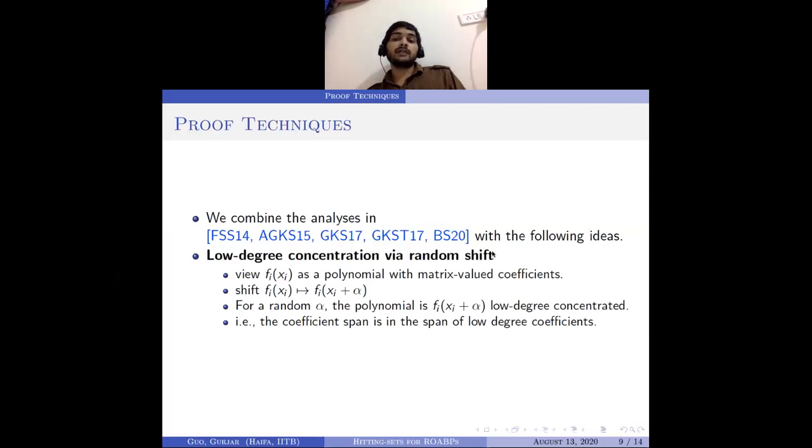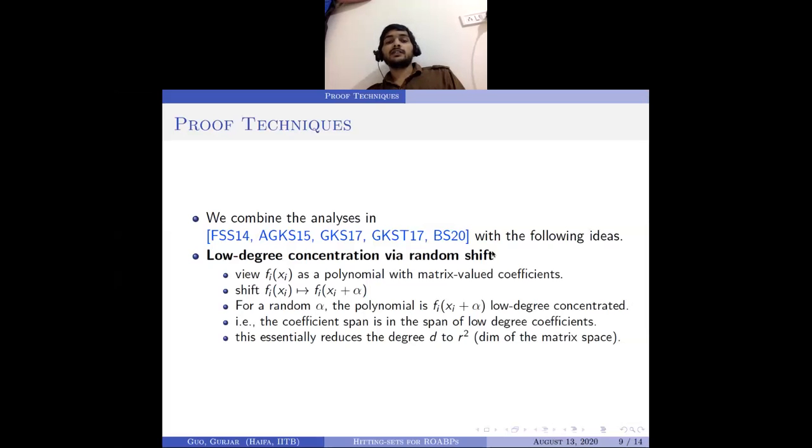That's what we mean by low degree coefficients. And this span is over the vector space of R cross R dimensions. Because of this idea, we essentially reduce the degree from d to r square. So if degree is much larger than r square, then this is useful.